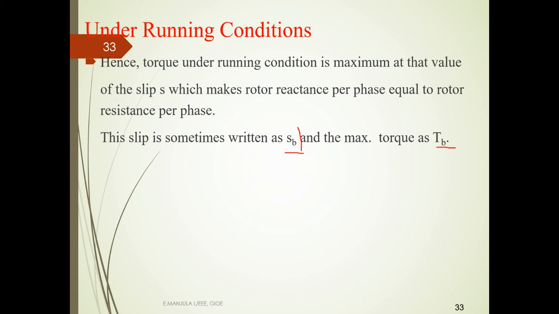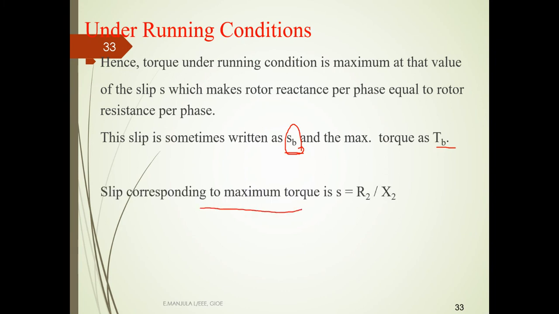This is the slip which is responsible for making the reactance equal to the rotor resistance. At that slip we are getting the maximum torque. So the slip corresponding to the maximum torque, S is equal to R2 by X2 according to the above equation, that is R2 is equal to Sx2.